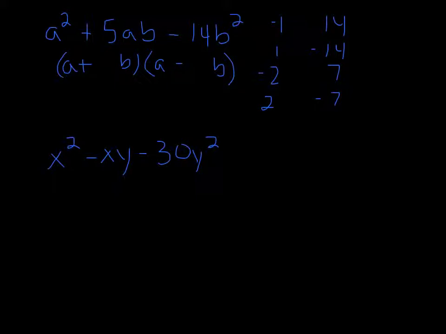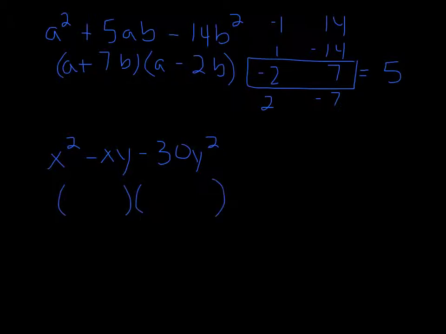Just looking right away, negative 2 and positive 7 will give us positive 5. So we're going to go with this set right here. Our 2 we want to be negative, our 7 we want to be positive. And there you go.